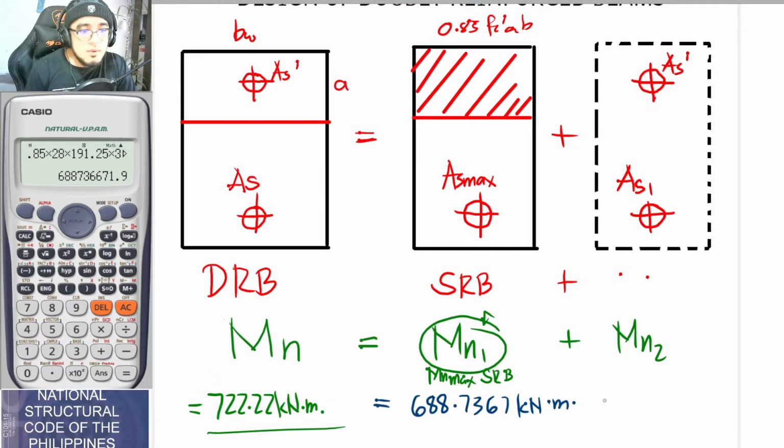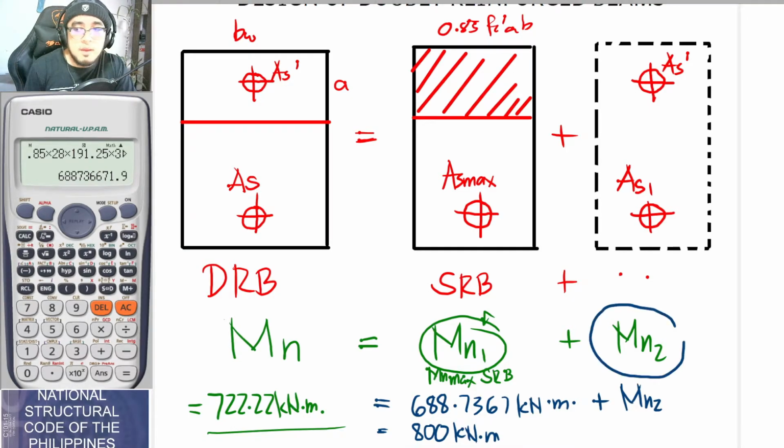So it means that we must also provide Mn2 here. So plus Mn2. And with this, we can now safely say that our section here is indeed a doubly reinforced concrete beam. That is the case now. Because let's say, for example, that our Mn1 is 800. If this is already 800 kilonewton meters, that means we do not need the help of Mn2 already because it is already adequate for Mn.